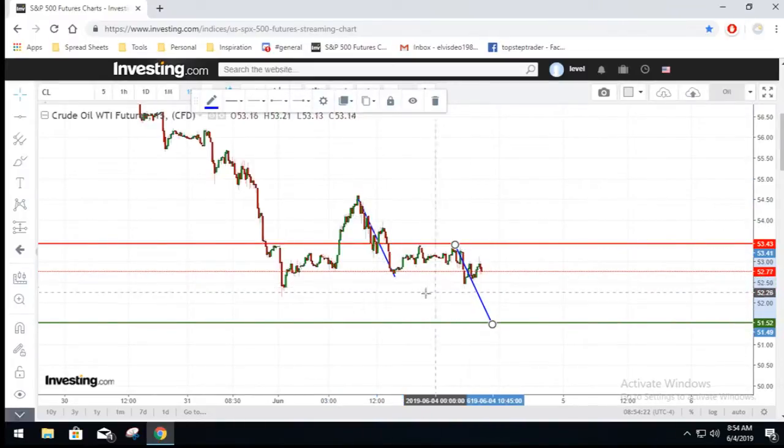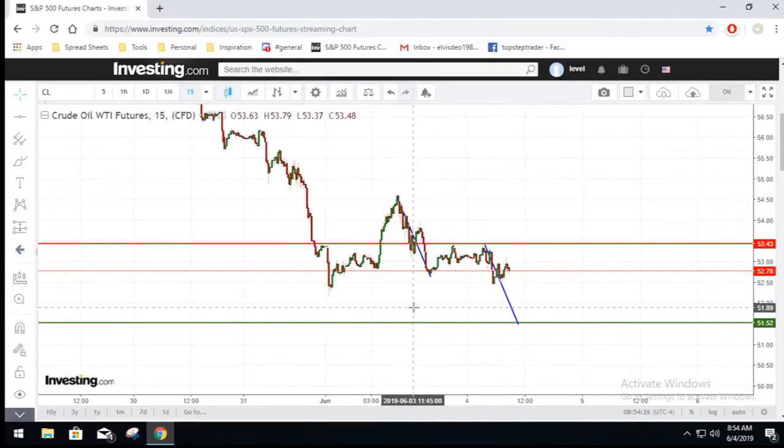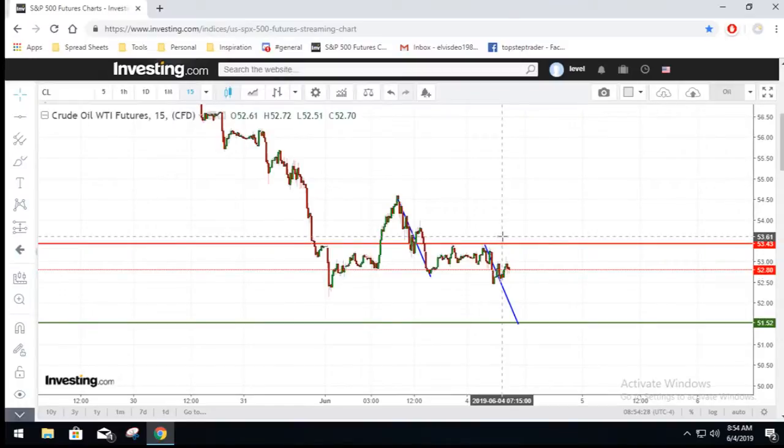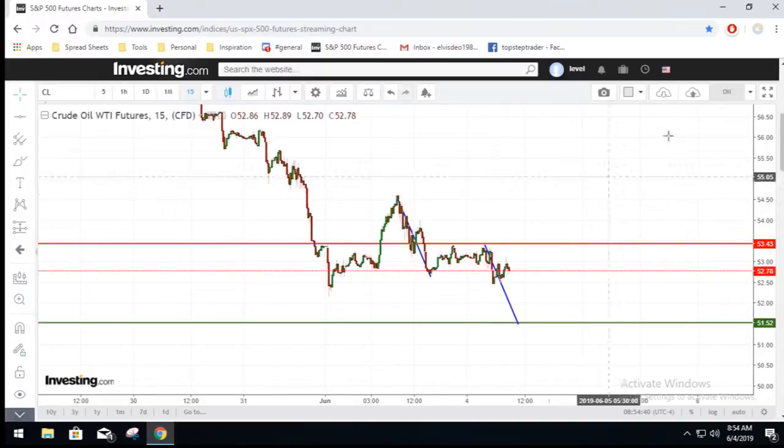Wouldn't be buying beyond or selling beyond test of those. If you're looking for a higher price, 54s more than likely might reach here unless we see major bulls in the market today. So that's what we have for you today.